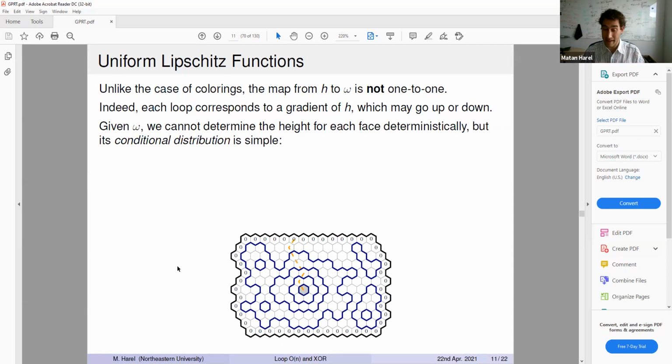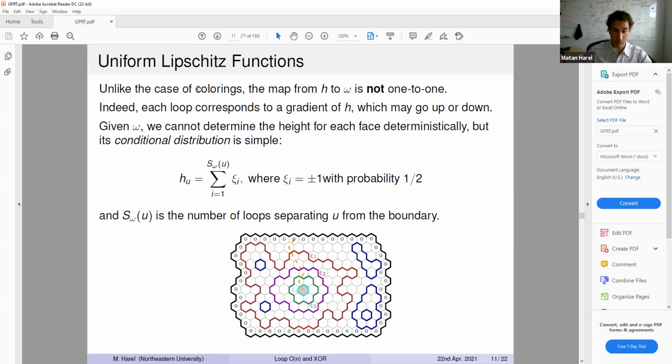This allows me, I can't determine the height, but I can determine its conditional distribution given omega. Specifically, if I want to know the height at the origin, given omega, the height is given by the sum of independent Bernoulli plus or minus 1 random variables, one for each of the loops that surround the face.